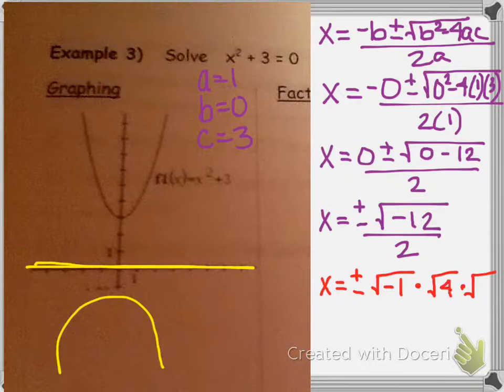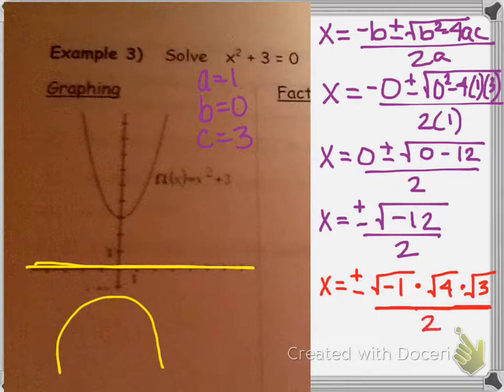So I'm going to put a 4, and 4 times 3 is 12. So I took out the negative 1 so that the negative is gone, and then the 4 times 3 makes 12. The square root of negative 1 times the square root of 4 times the square root of 3 will give me the square root of negative 12, because negative 1 times 4 times 3 is negative 12.